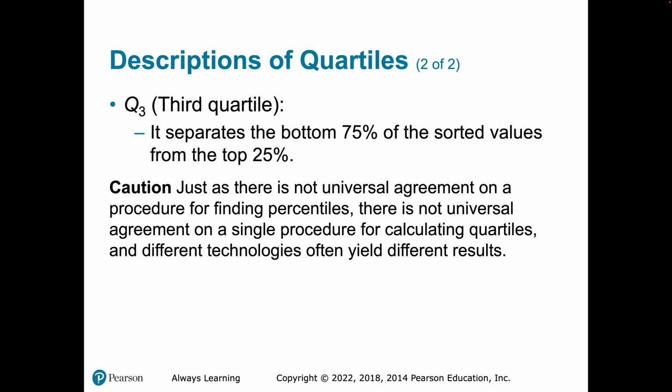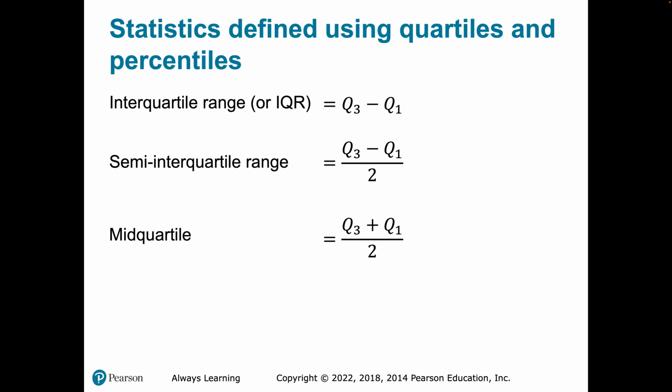We'll find out that there's not a universal agreement on how to actually calculate those either. So what you'll be expected to do in terms of calculating quartiles is to report the ones that are calculated from StatCrunch.